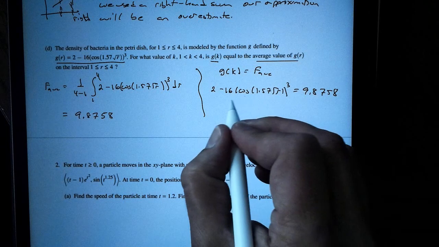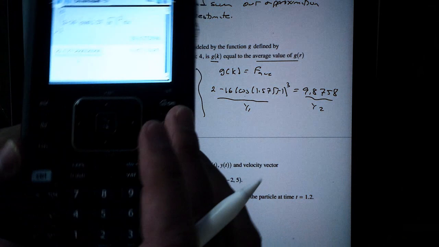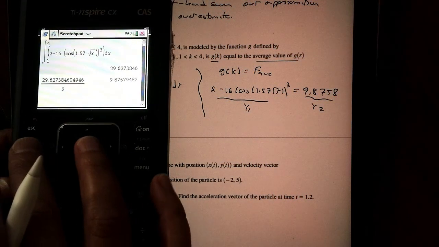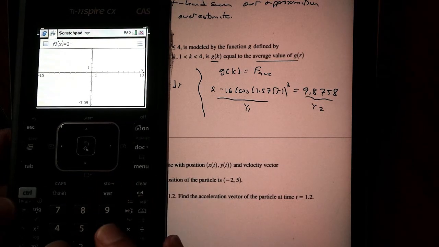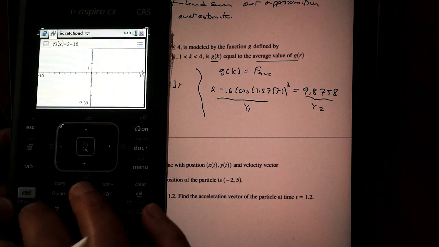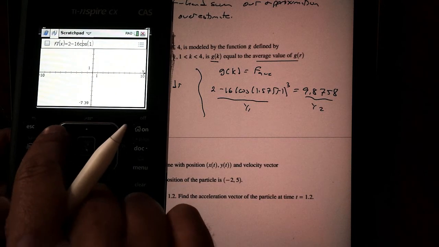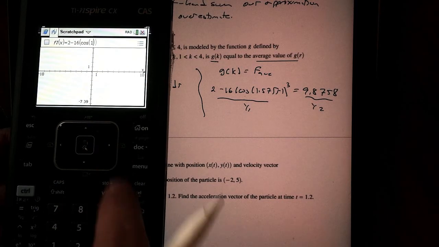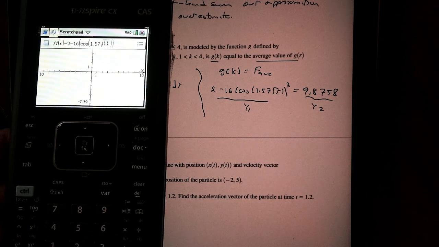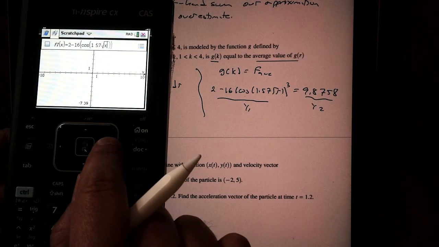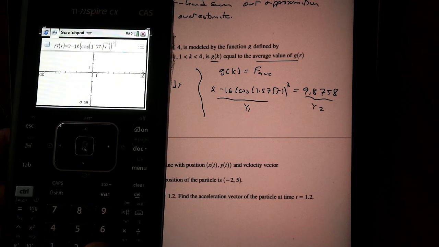And if I put this in as y1 and this as y2 and graph them, so if I go back to my calculator, I'm going to graph the first one. 2 minus 16 cosine, whoops, need that in parentheses again. I always keep forgetting that. 1.57 root x, even though I use r, cubed, caret 3, enter.